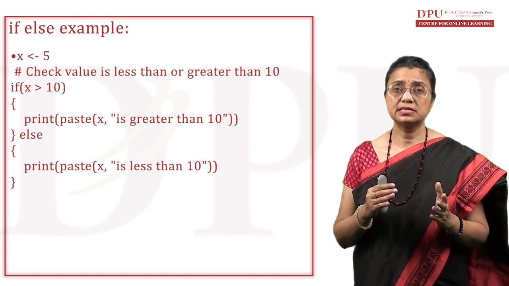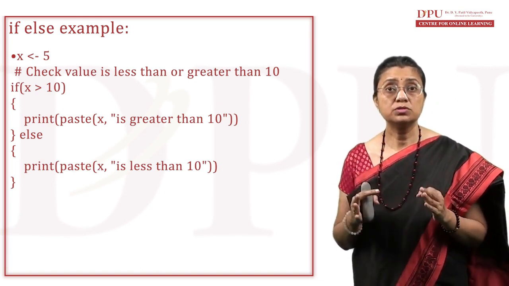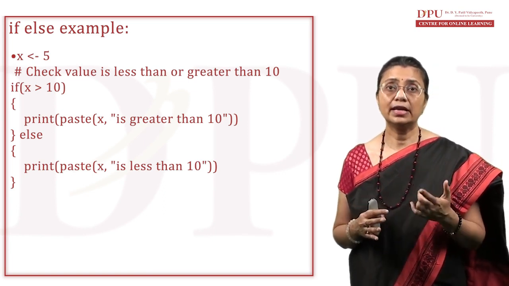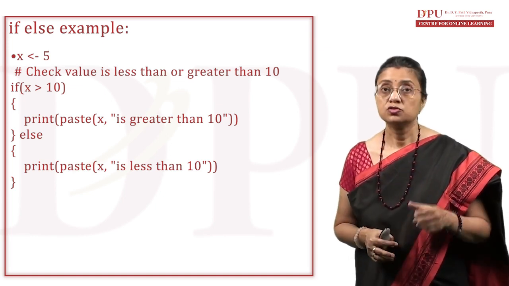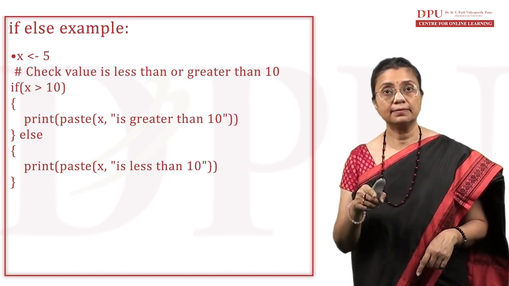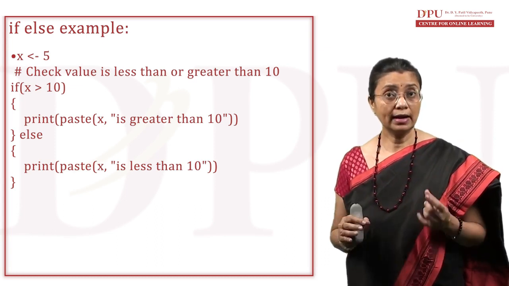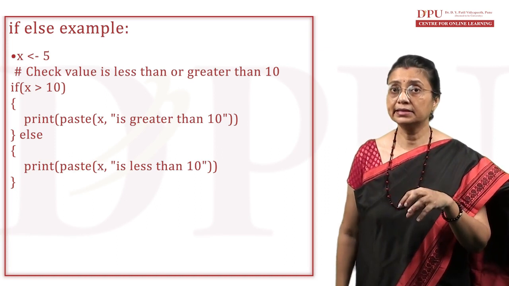In the if function, if x is greater than 10, in that case I'm using a paste function and I'm printing on the screen x, that is the value, and "is greater than 10" is printed as it is on the screen. So you can see if x is greater than 10, I'm printing "x is greater than 10". Otherwise, I'm printing "x is less than 10". So what I'm doing is basically taking a variable x and comparing that with 10.